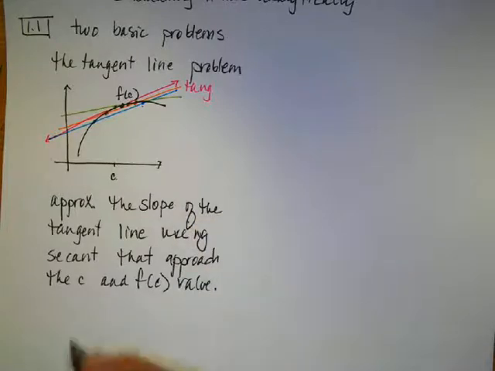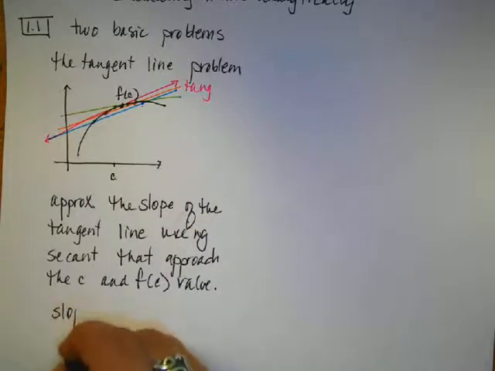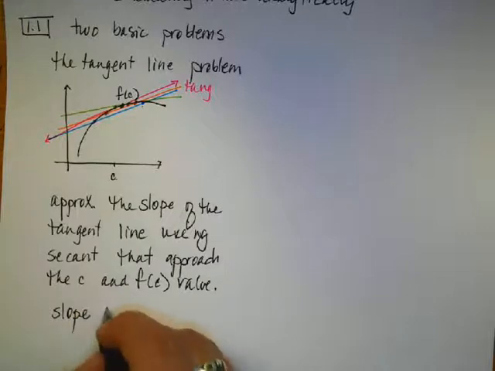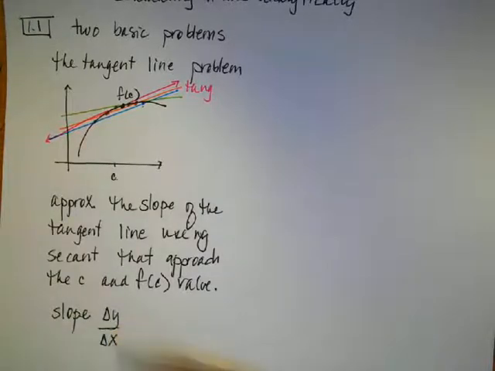And remember, and I know we did this for a long time last year, but we're going to go back and just talk about it again to make sure that you don't forget any of the details. The slope of any line is delta y over delta x.